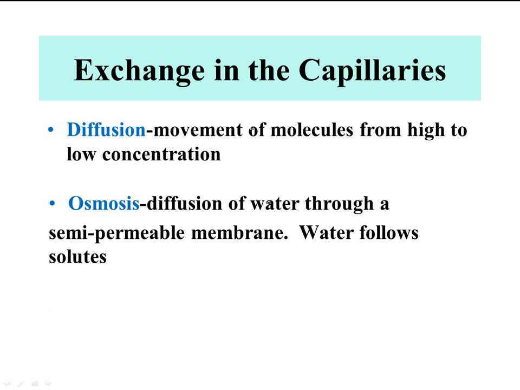Just imagine this. Let's make an artificial cell. So we take a permeable membrane, which means it's going to allow things to move through the membrane. And we tie one end and we fill it up with syrup.